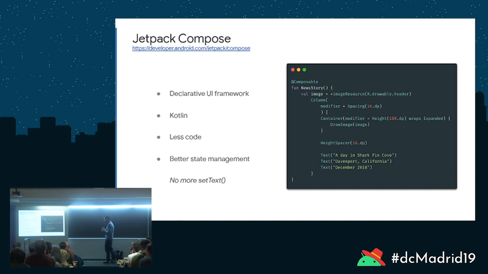It's a declarative UI framework. It's all based in Kotlin. Hopefully it will mean that you have to write less code. And I think that basically what it will do for you is help with better state management. What I mean by that is traditionally, all the views get state.